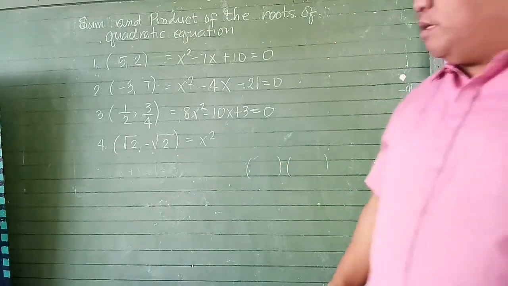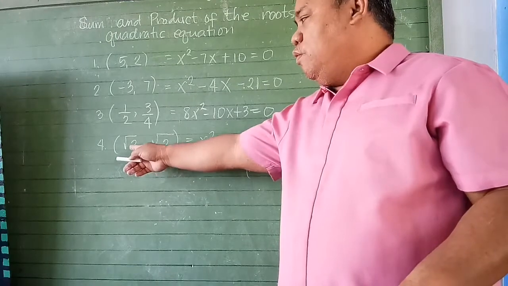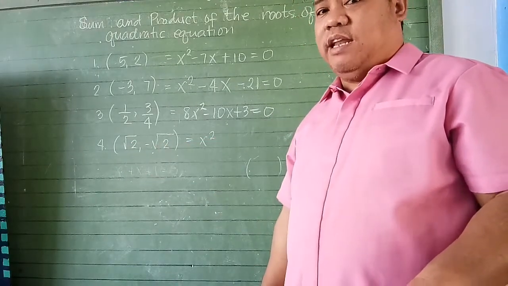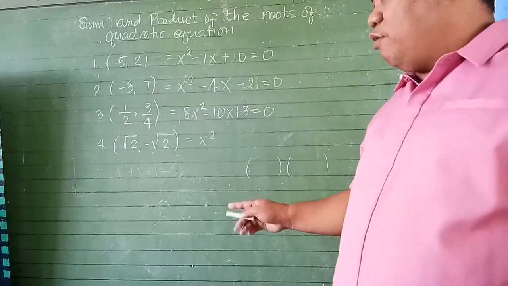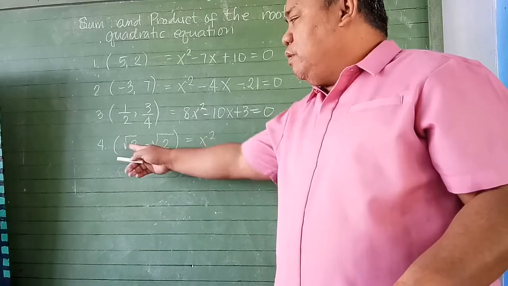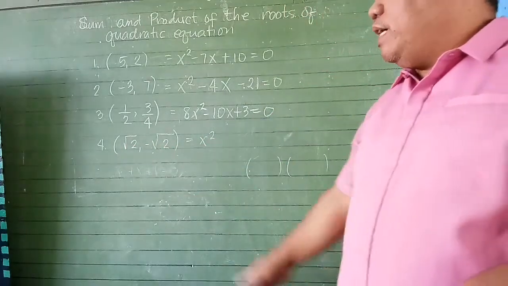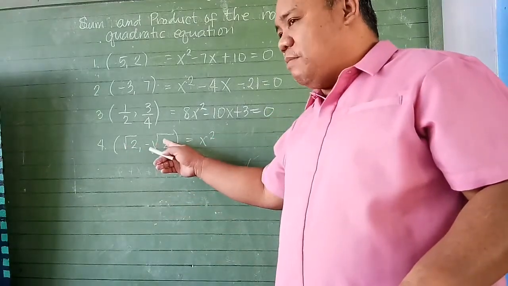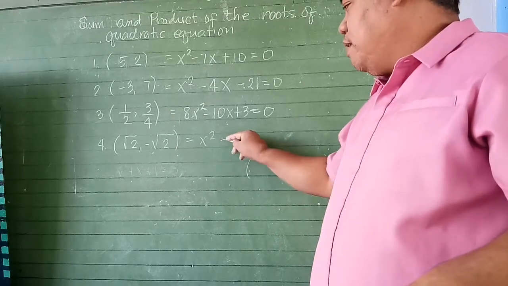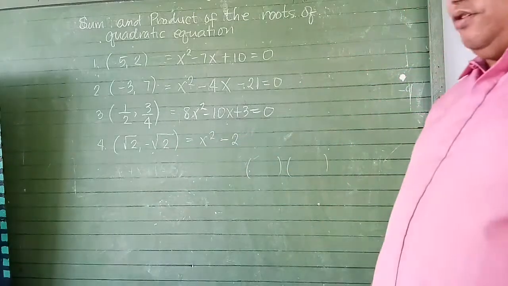Square root of 2 minus square root of 2 is 0, so you have no middle term. Then square root of 2 times negative square root of 2 is negative 2. So that will be your equation.